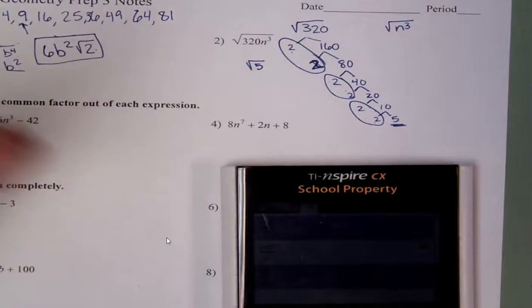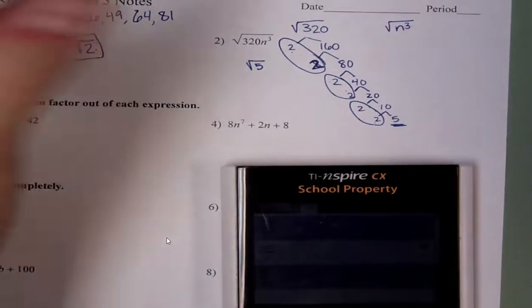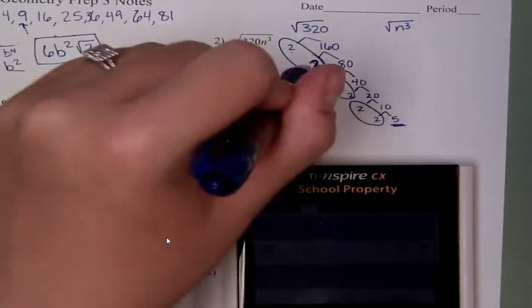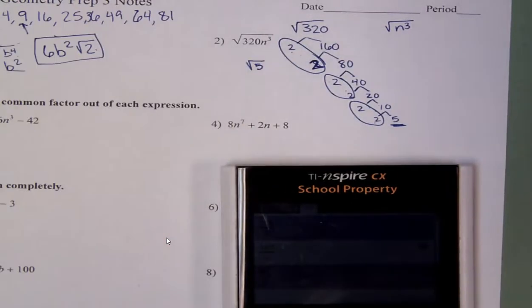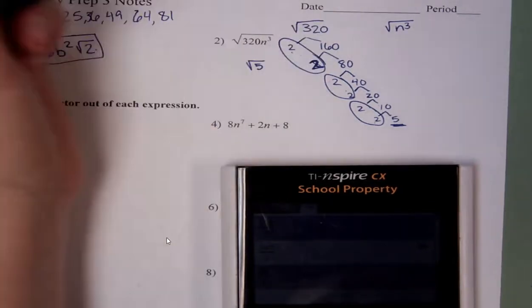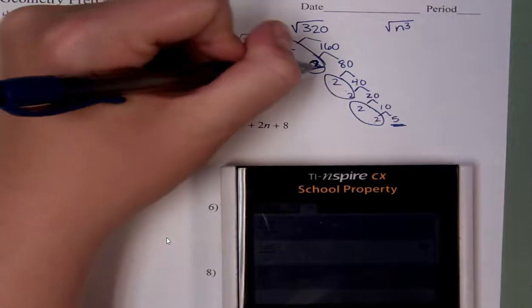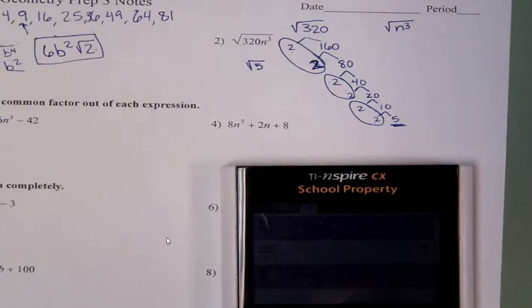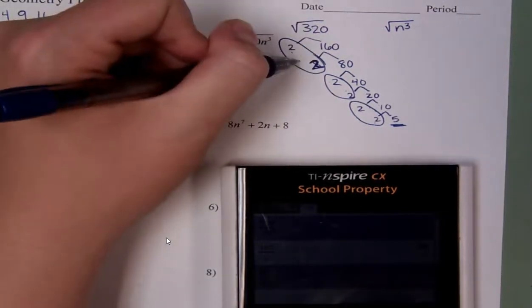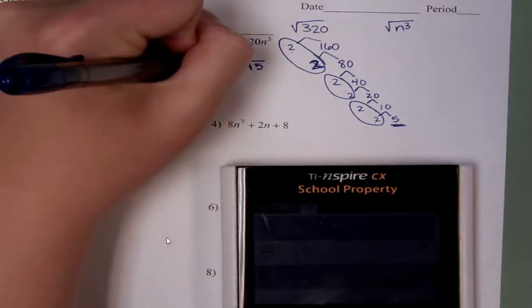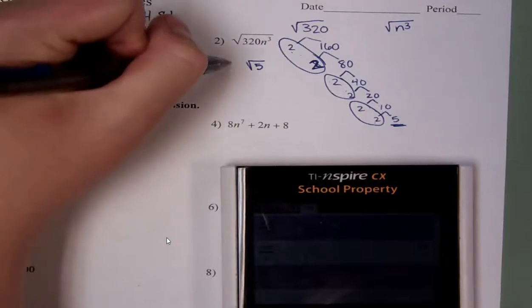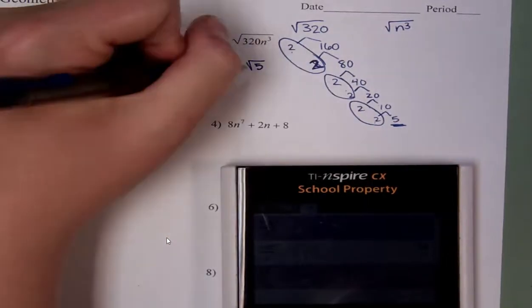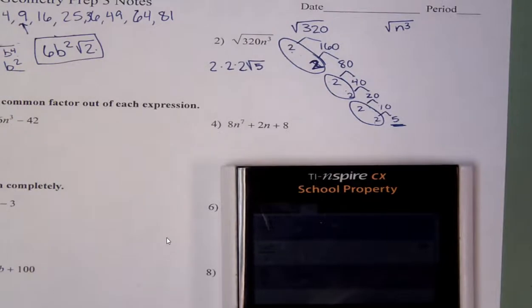So one way you can kind of think about it is all of these numbers are in jail under the square root, and they can only get out of jail if they have a partner, and one of the partners sacrifices themselves for the other one. And they have to be the same number to be partners, okay? So these 2 are partners, only one of them gets out. So 1, 2 gets out, okay? And then same thing for this. 1, 2 gets out. Same thing for this one. 1, 2 gets out.